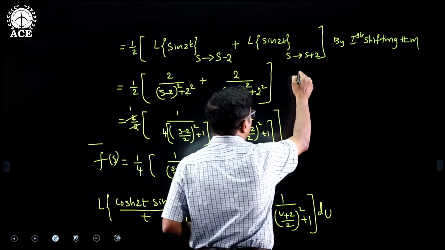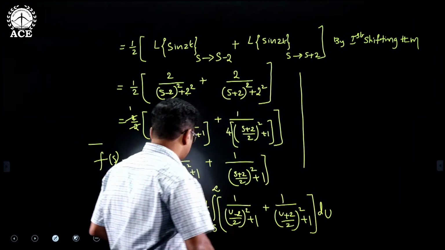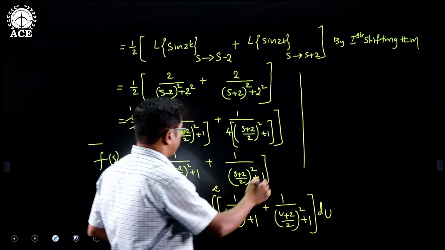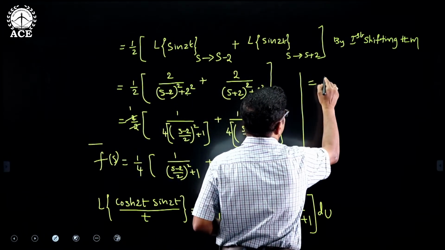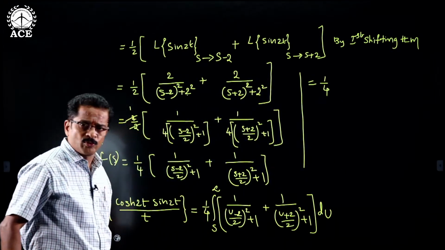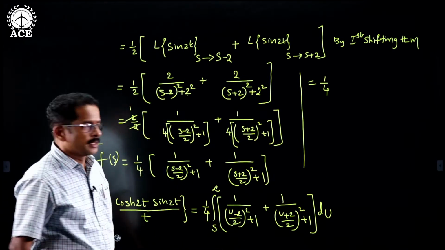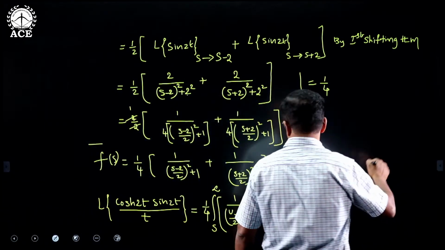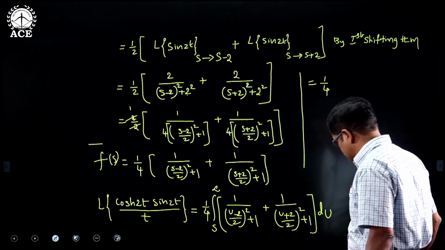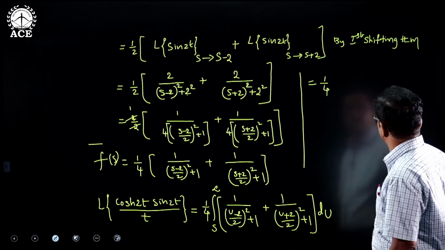Which is equal to one fourth into, this is like 1 by x square plus 1, and in the place of 1 by x square plus 1 we get tan inverse.